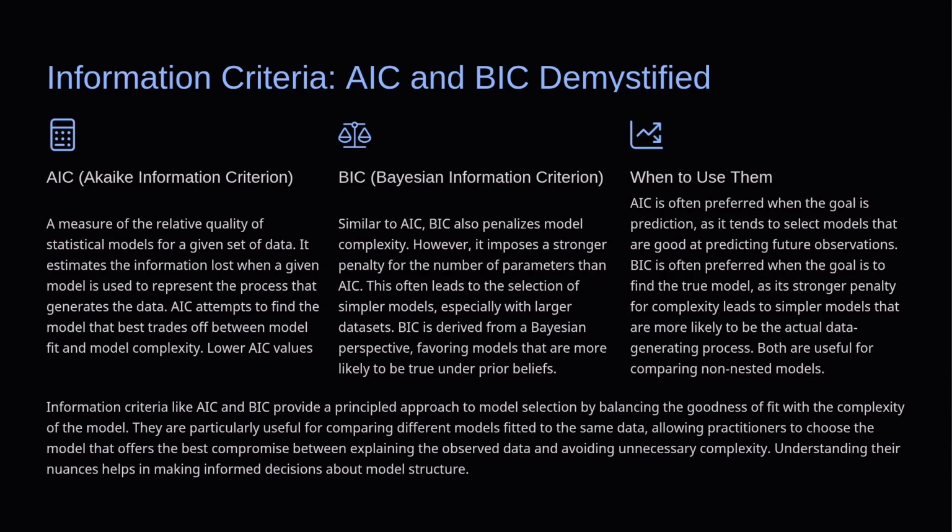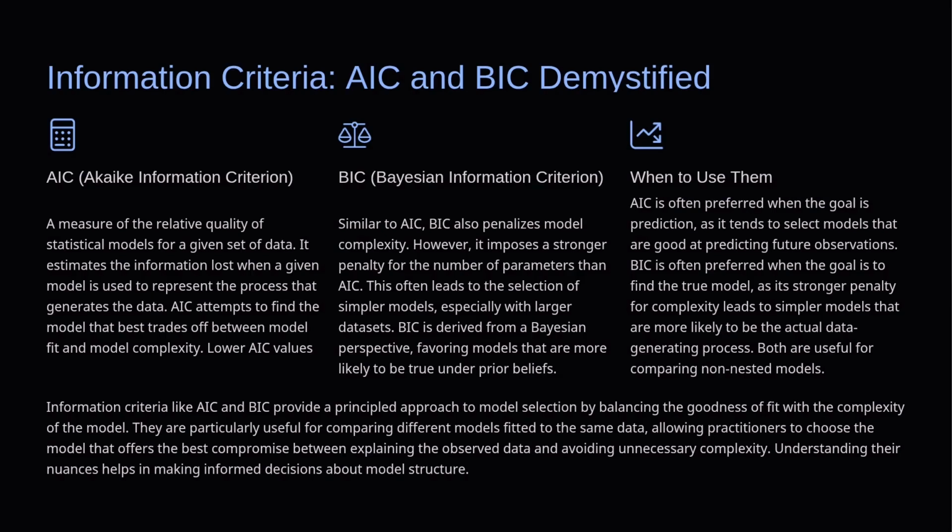Now, let's talk about information criteria, in which we are going to talk about AIC and BIC. So, beyond accuracy, we also have information criteria to evaluate model quality. AIC estimates how much information is lost by a model. It balances fit and complexity.